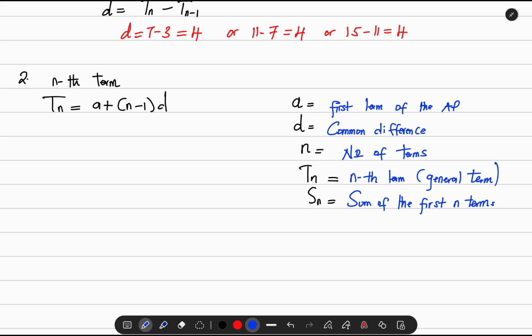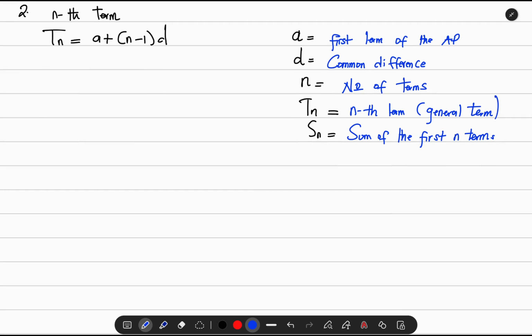All right. So now, given the formula here, how can we find the nth term? Let me give you an example. If I give you the sequence 12, 9, 6, 3.